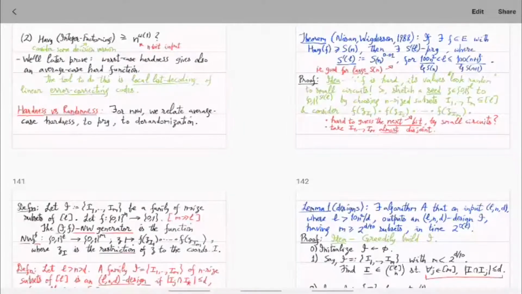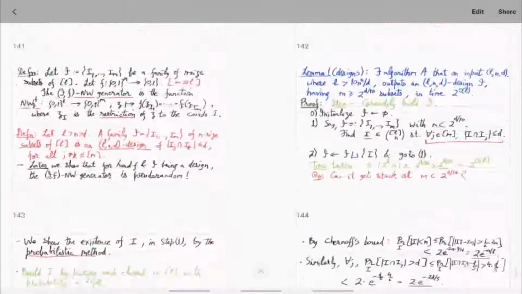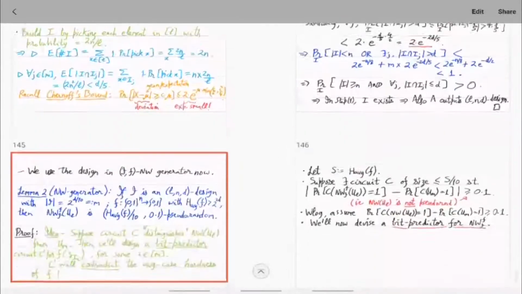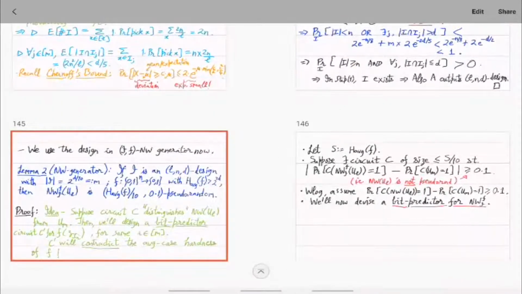The second thing we have to show is that if this string based on design and f is not pseudo random, then f will be average case easy. We will construct a bit predictor. So, that is lemma 2.